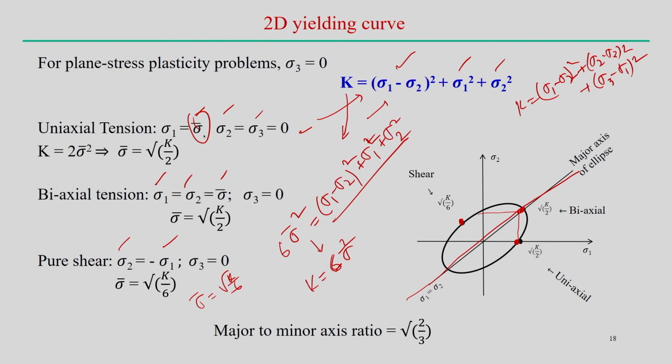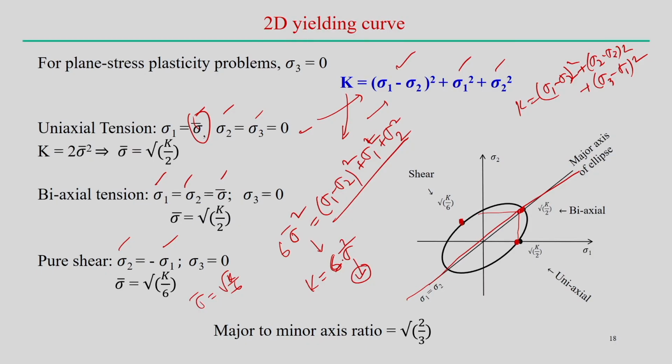But in this case this sigma bar is the shear yield point value. The shear yield strength is different from the yield strength which we measure in the application of normal uniaxial tensile testing.